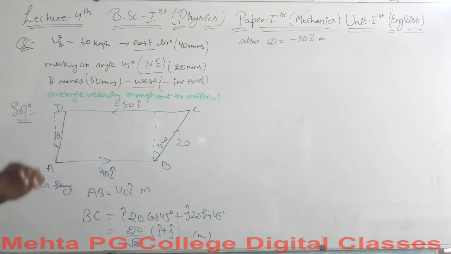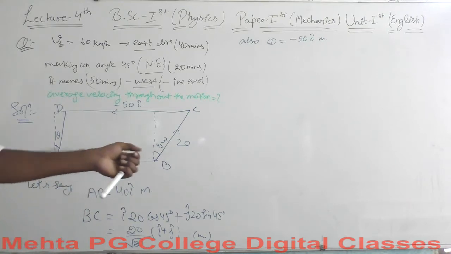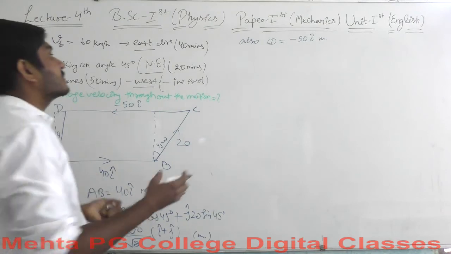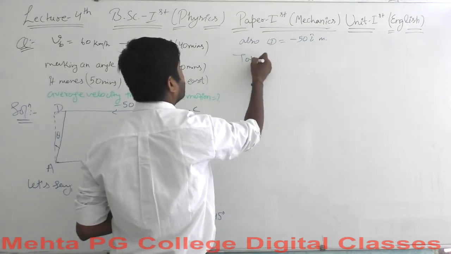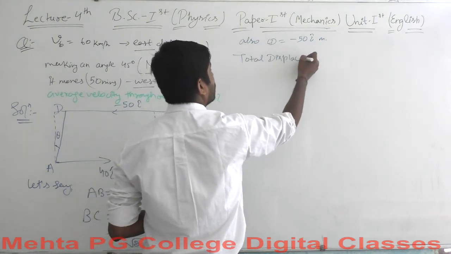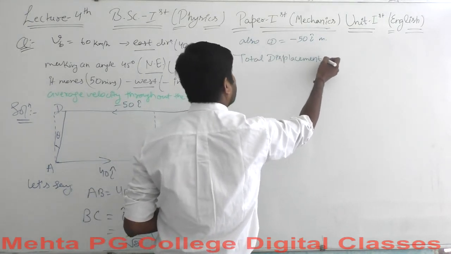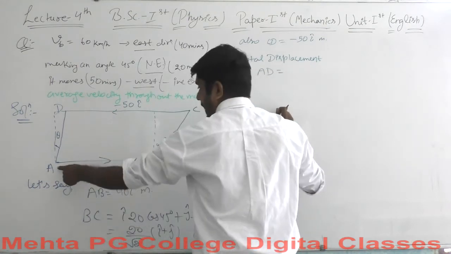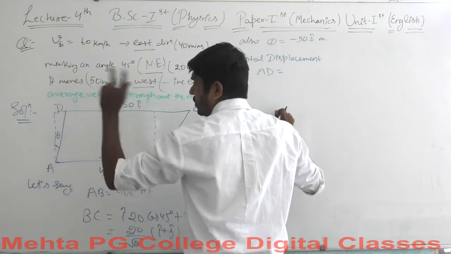So what should be the total displacement here? The total displacement is AD. Yes, A to D is the total displacement.